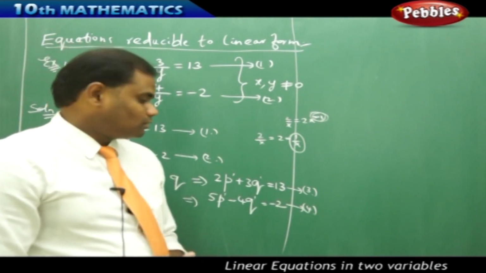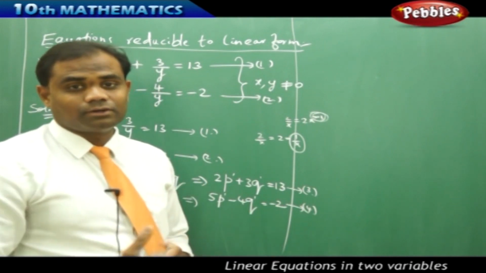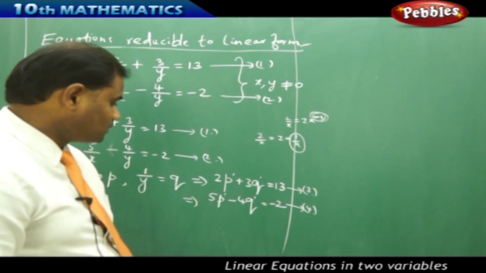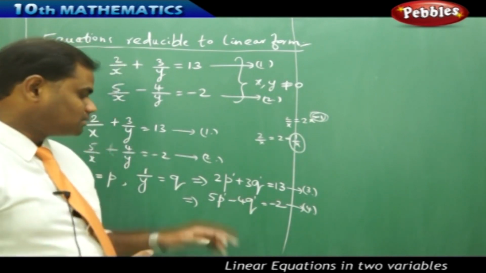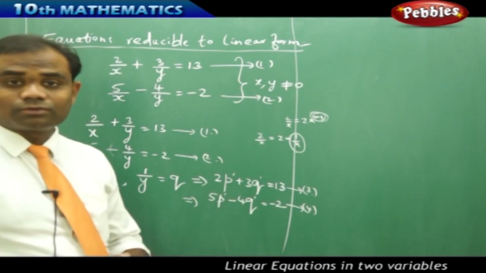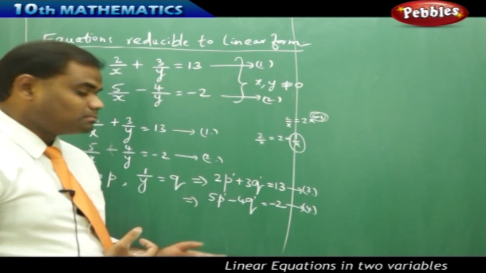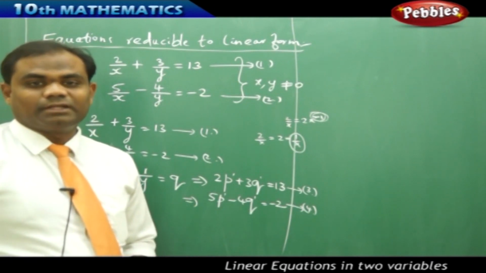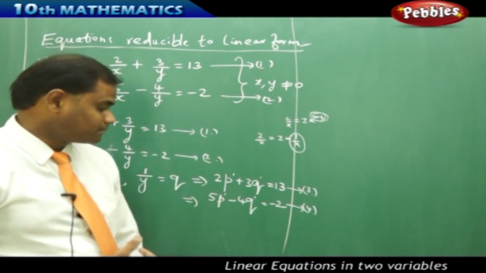The method of solving can be either the substitution method, the elimination method, or the graphical method. Now clearly I see that the substitution method would not be an easy task because the coefficients of p and q are not 1. Therefore I try to solve this by using the elimination method, which is the most effective method of all the three methods.